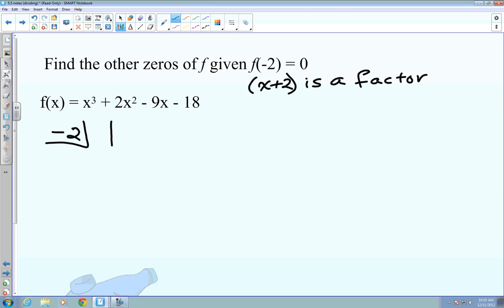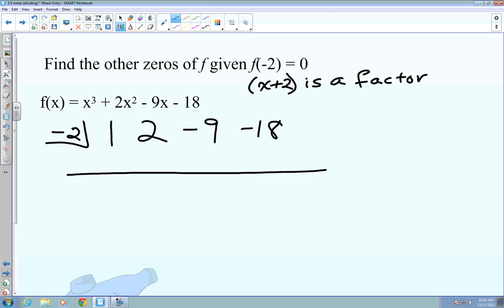Okay, so now I have x to the third. Its coefficient is 1. X squared, its coefficient is 2. X, its coefficient is negative 9, and 18 is just negative 18. So let's do our process. We're going to do this a little quicker because you should be getting the hang of it by now. Bring down the 1.